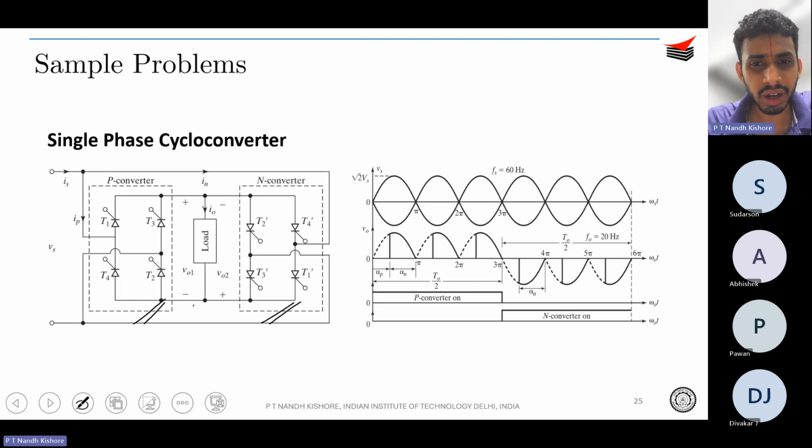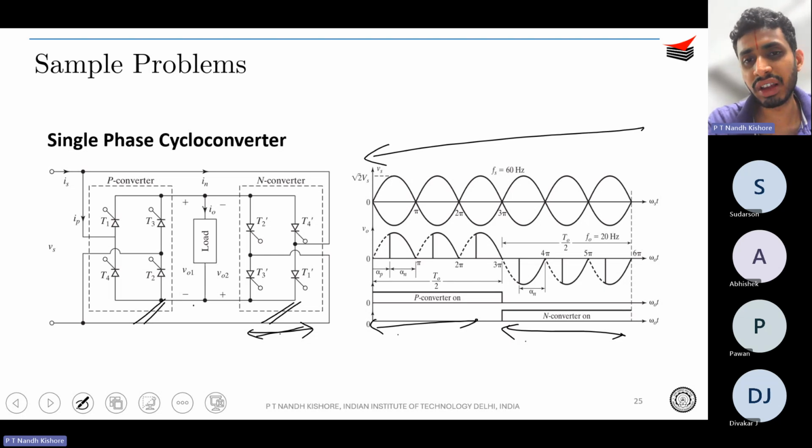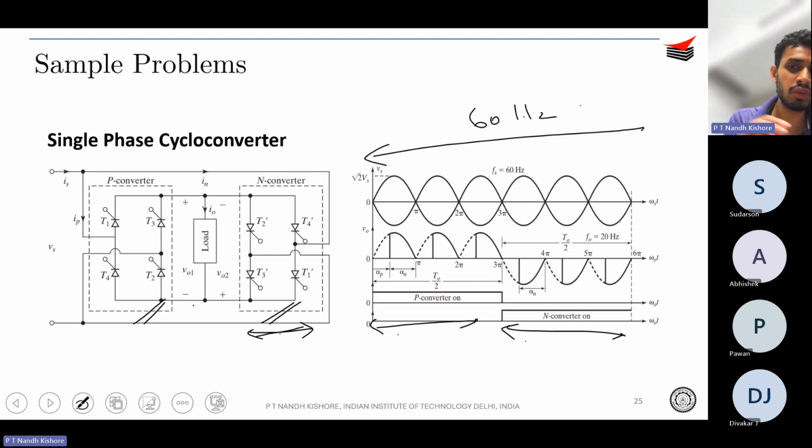When your P converter is on, you're going to see some kind of rectification during this period. And when your N converter is on, you're again going to see a rectification during the other period. The entire period is your 60 hertz, and within that, you are turning on and off multiple times, correct?